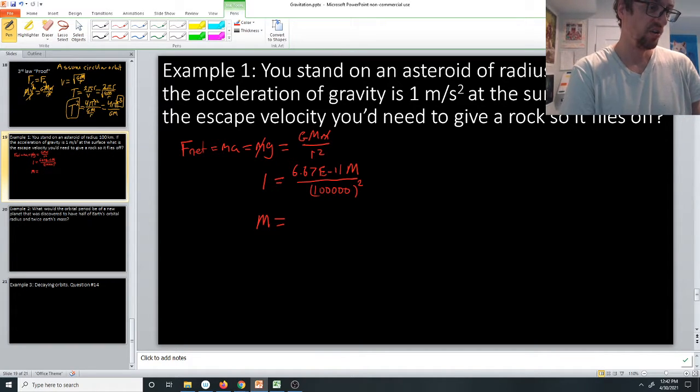I might have already made a mistake. Quick, checking my math. I might have put 10 kilometers instead of 100 kilometers, so this might be a very different value.